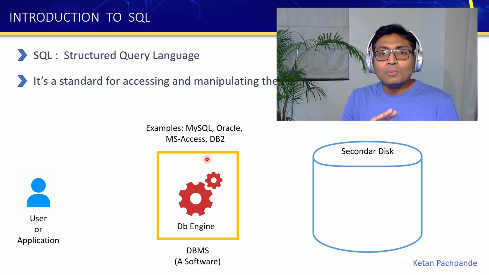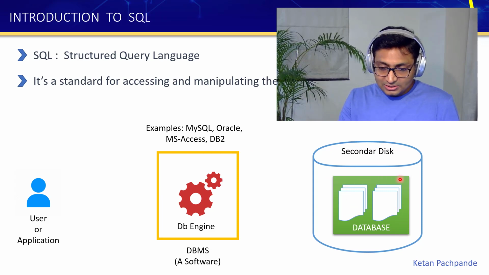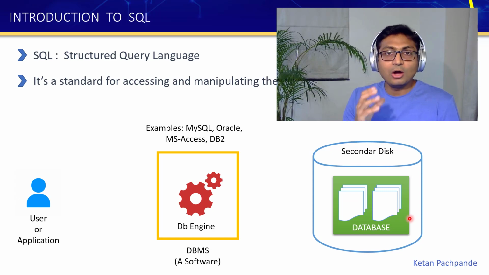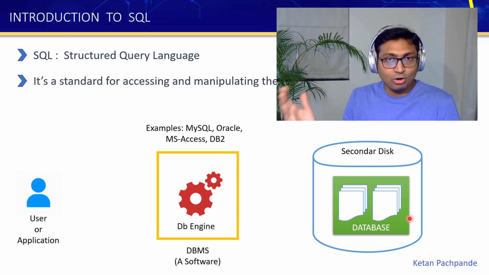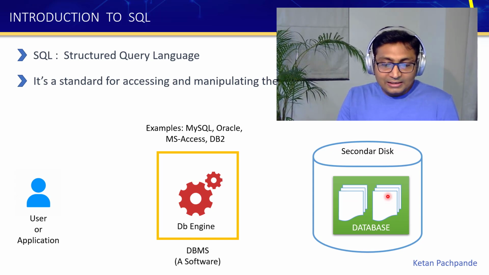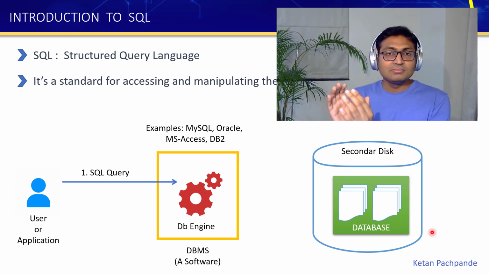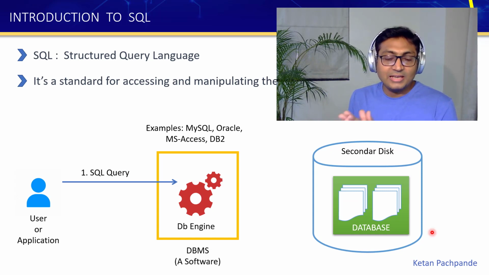And who manages this data that is stored on the secondary disk? The DBMS. So this is the database representation here, and inside the database we are going to have multiple sets of records in the form of tables, or relations as we call them, and this database is going to be managed by the DBMS. So consider there is a database on the secondary disk and you have MySQL or some DBMS in place.